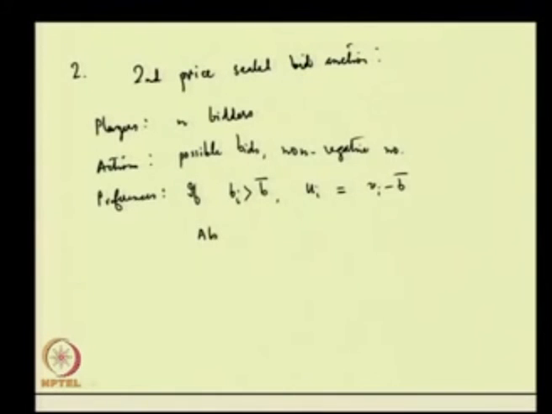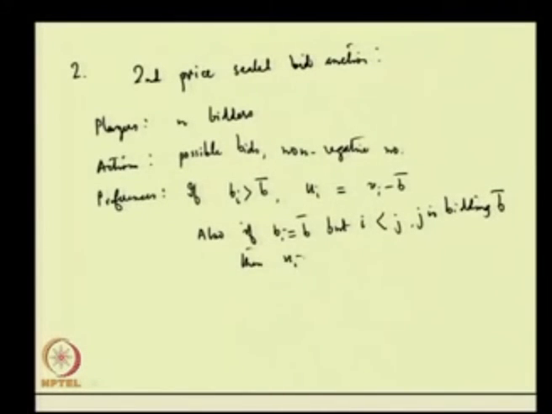Also, if b_i is equal to b bar, but i is less than j, where j is also bidding b bar, then u_i is the same, that is v_i minus b bar, otherwise 0.